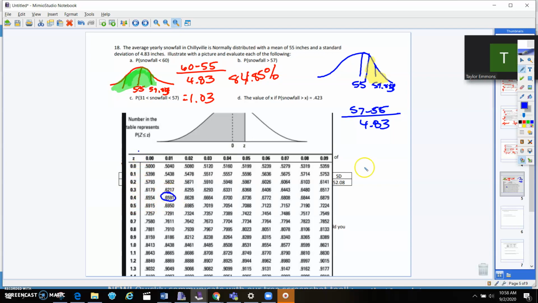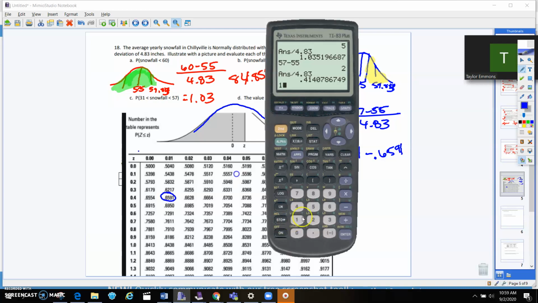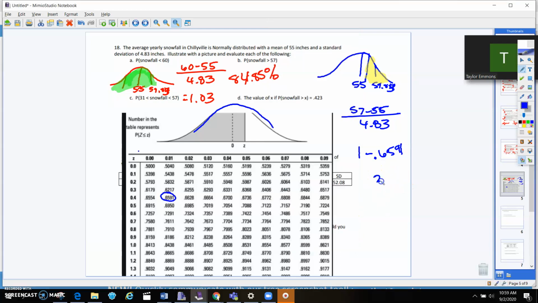It tells us that it's 65.91. However, since we're trying to evaluate above, and z-scores go below, just like what this picture is telling us, we're going to say 1 minus 0.6591. So again, in our calculator, 1 minus 0.6591 gives us 34.09%.